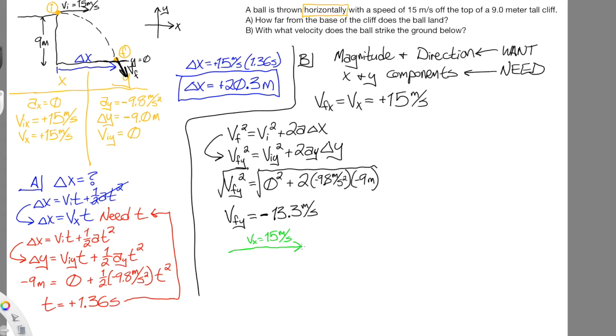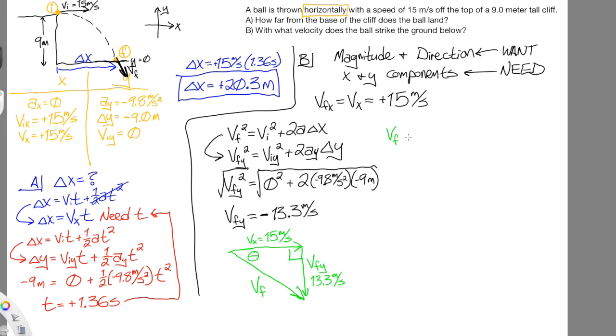Same thing with VFY. I'm going to draw it pointing down because of the negative sign, and then I'm just going to label this side as regular 13.3 meters per second. Already accounted for the direction. Don't need that negative anymore. So here is VF. There's your right angle, and here's the angle we're going to end up finding.